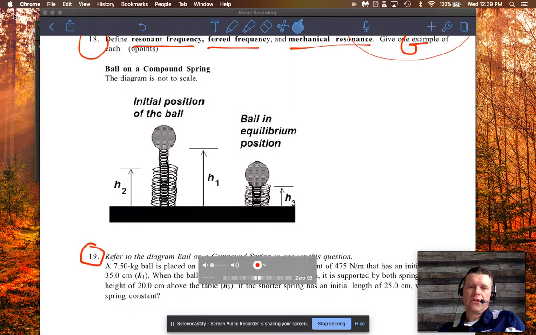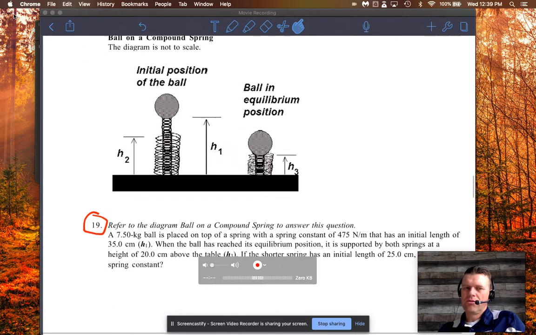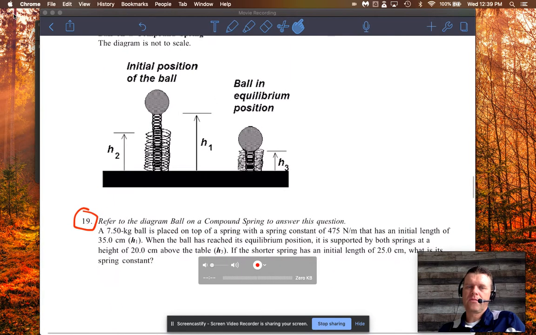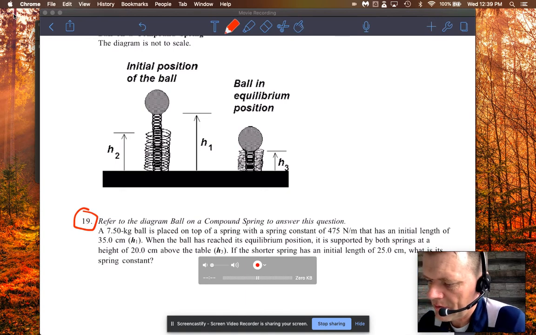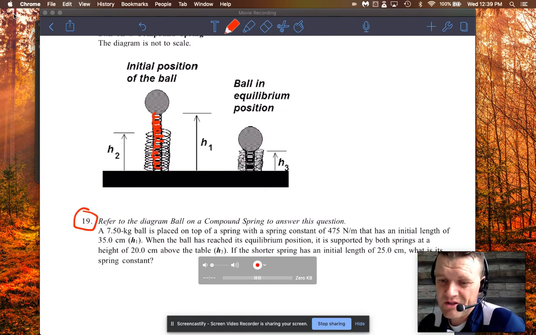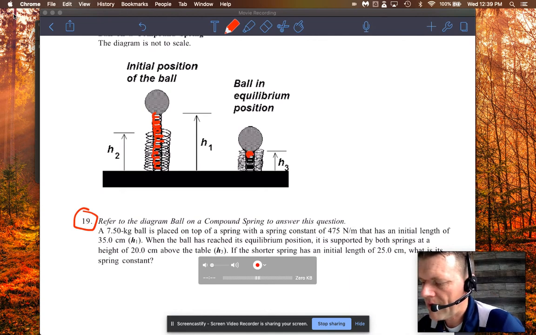This last question can be a little bit tricky, but I don't think it's horrible once you've seen the setup. We have a ball that's initially not compressing either spring. I'm going to color code these a little bit. We're going to take the center spring and make that red. In the initial position, both the skinny spring and the fat one are not compressed.